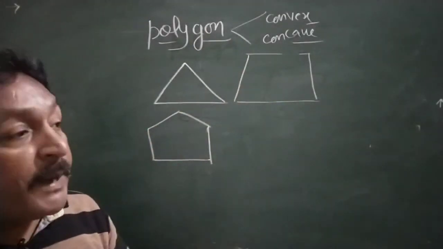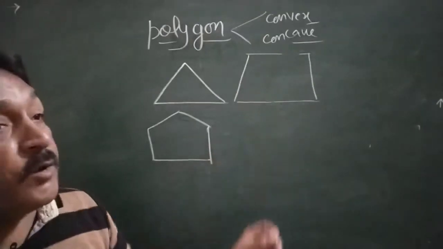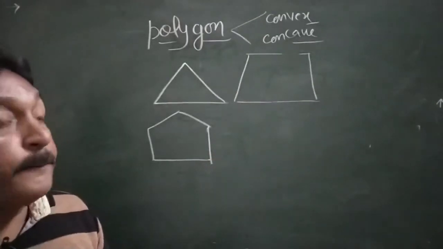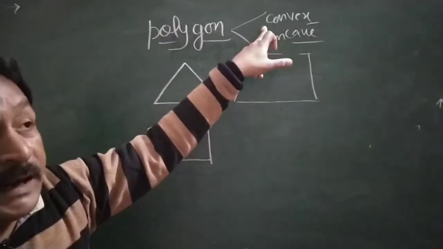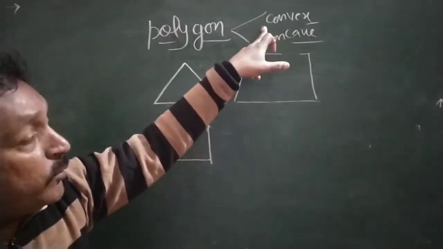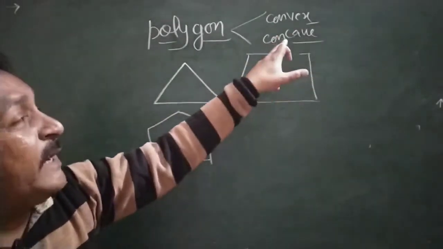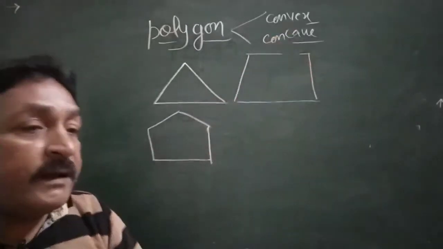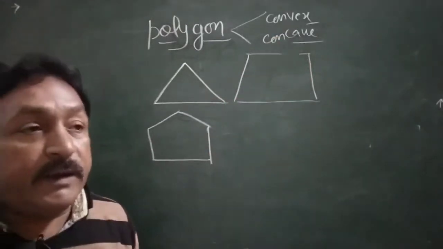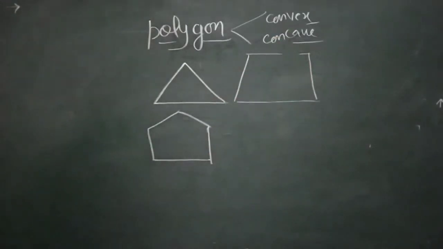This is the main difference between convex and concave polygons. And now we will see exercise 14.2.